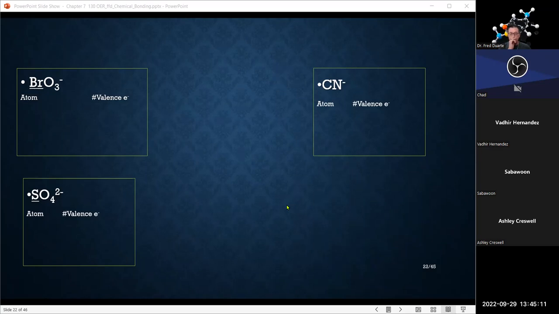Okay. We got bromine, which here can act as a central atom, especially when it's bonded with oxygens around it. So we got bromine and 3 oxygens around it, okay, in this first example. And then we have the sulfur with 4 oxygens bonded around it with a -2 charge. And then we have this species here, which is very similar to what we did. Remember we did the HCN one?